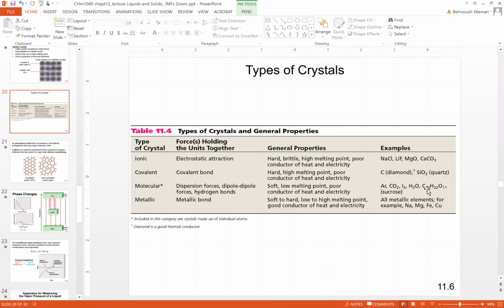But molecular compounds, like argon in solid phase, CO2 in solid phase, or sucrose in solid phase, have a relatively low melting point. But the higher the molar mass, the higher the London dispersion, and the higher the melting point is going to be. So you have some examples to look for.